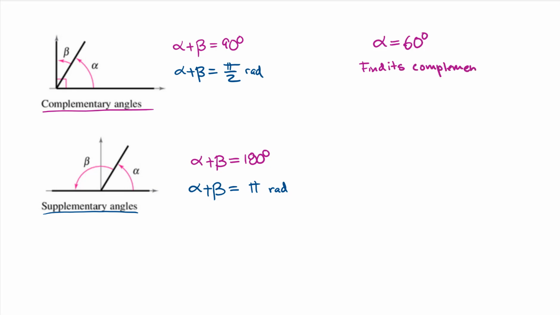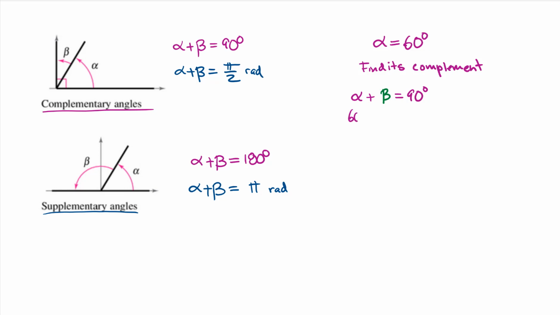That's the way we speak about it. It's saying find the angle that adds up to be 90 degrees that goes along with it. So our beta is what we're going to try and find. We know if they are complementary angles that alpha plus beta must equal 90 degrees. That's how it would work. We're trying to find its complement.